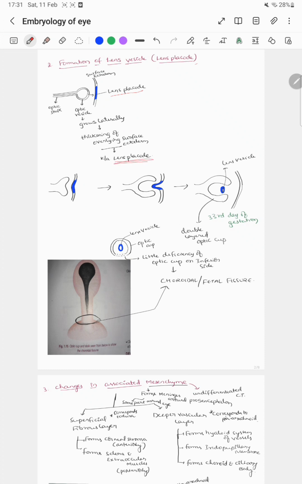We can see here the outgrowth of the optic vesicle, which results in thickening of the surface ectoderm, and the surface ectoderm bulges inward into the optic vesicle, and the optic vesicle forms an optic cup which has two layers, inner layer and outer layer. The lens placode gets inserted and gets separated from the surface ectoderm by the end of the 33rd day of gestation. Here we can see a little deficiency of the optic cup on the inferior side, known as the choroidal or fetal fissure.